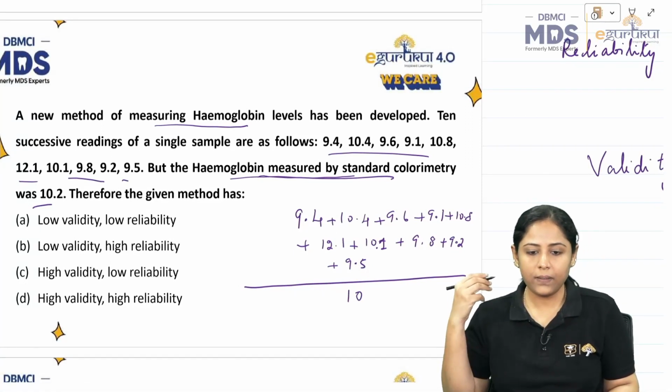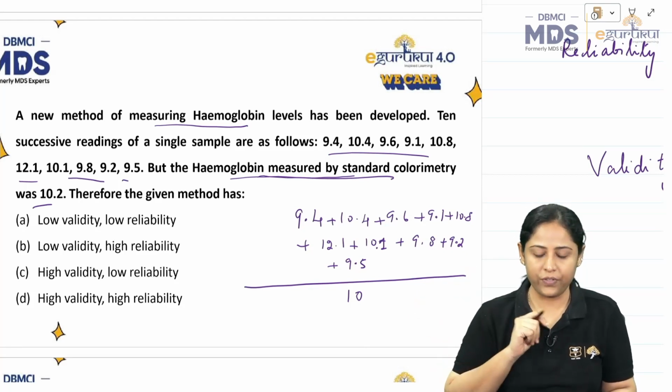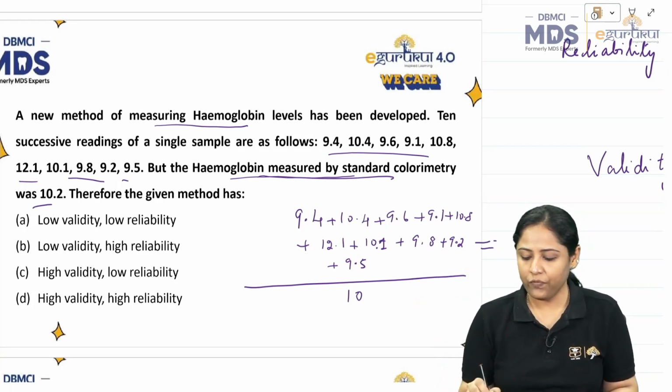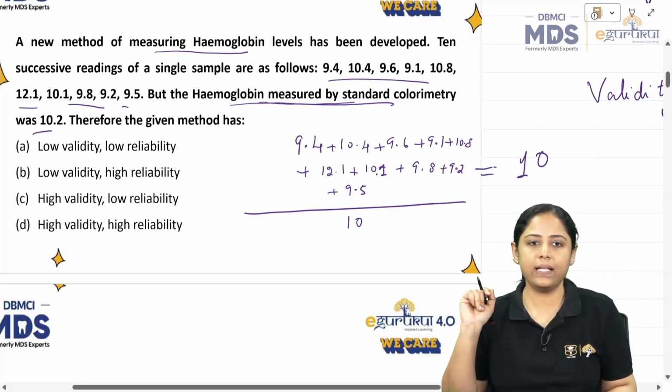So we take a mean of these 10 successive readings. The mean value is 10.